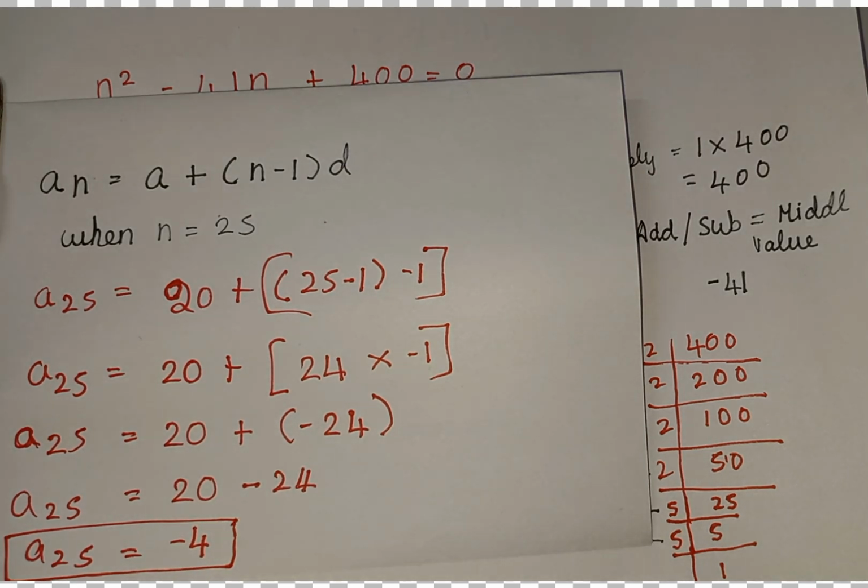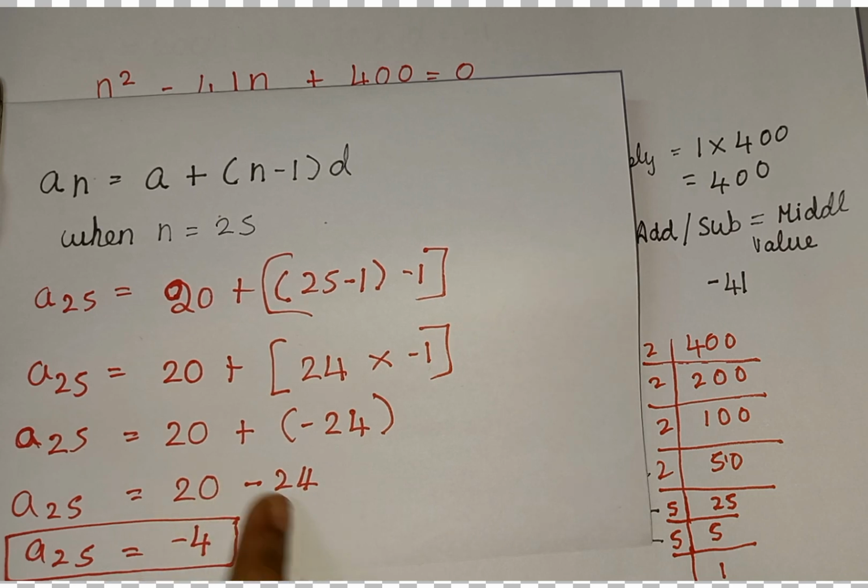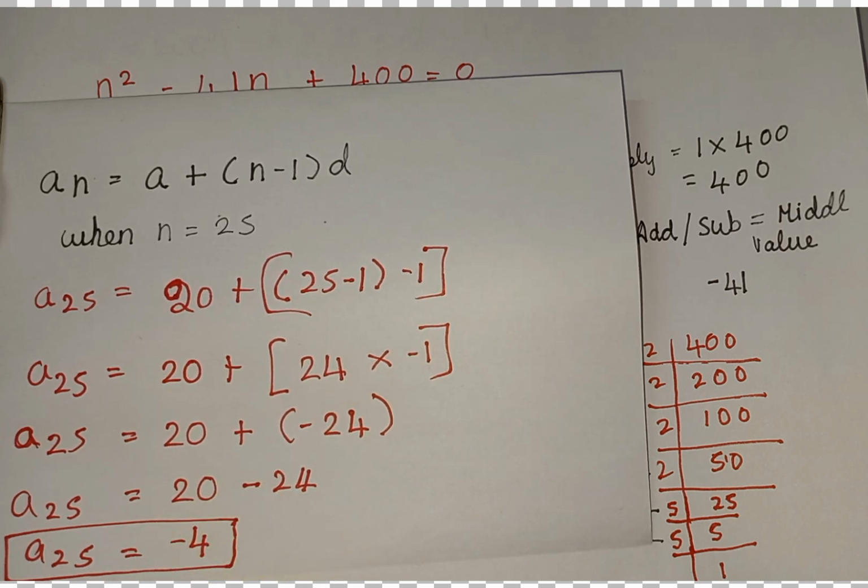But here the twist is we got a negative value. I just told you guys in arithmetic progression we should not get n as a negative value or fraction. Since this is negative, we will not get any number of logs or number of rows, isn't it? Negative means we don't know the number, right?